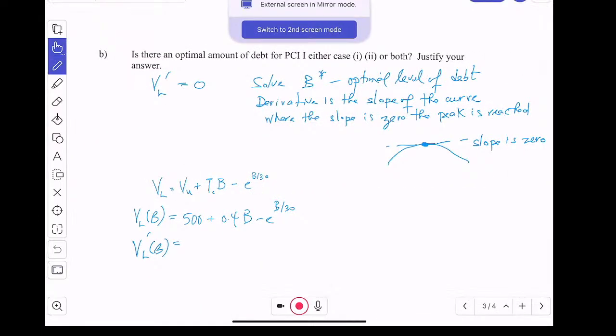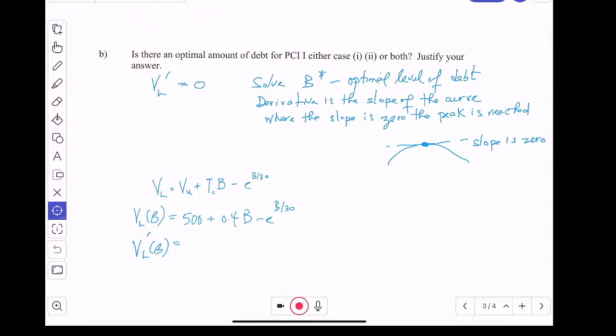So let's take the derivative here. The derivative of a constant is 0. The derivative of a, this is like a slope, right? This is a slope on a line. This is going to give me 0.4.